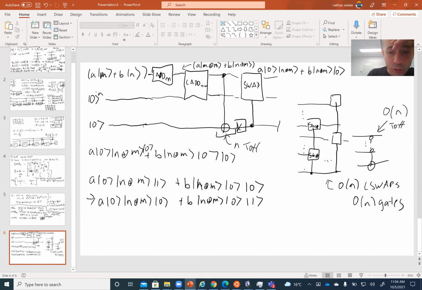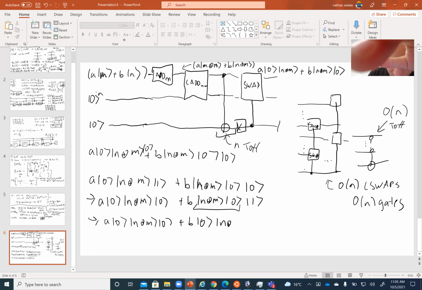All right. Now the controlled swap operations are going to perform, if the bottom qubit is 1, a swap between these two registers here. Swapping those two will give us a 0 n exclusive or m 0 plus b n exclusive or m, oh, sorry, too much copying, 0 n exclusive or m 1.